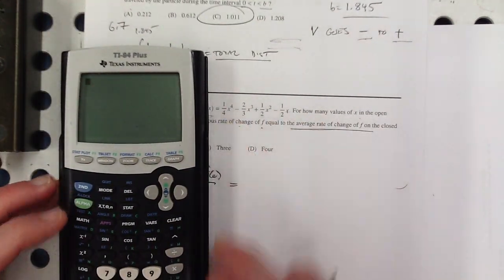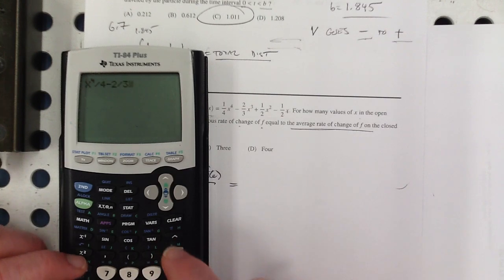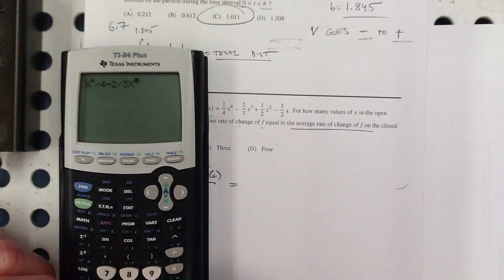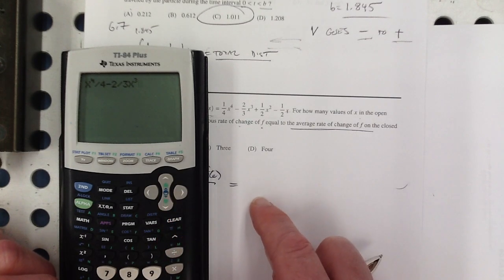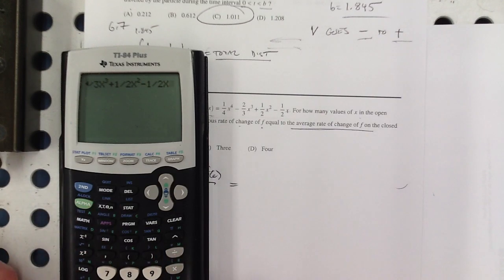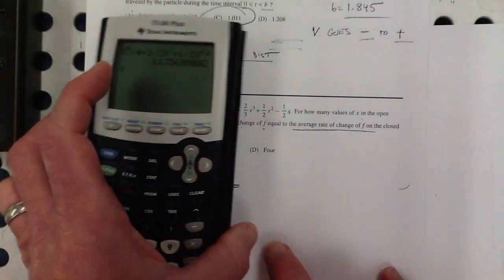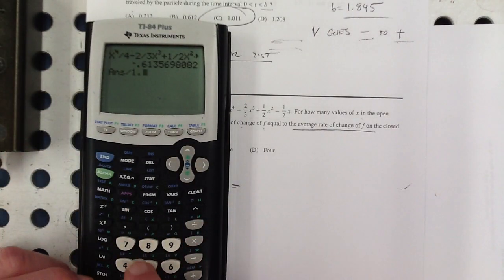So then I can just type this in as x to the 4th over 4 minus 2/3 times x cubed plus 1/2 times x squared minus 1/2 x. I can get that number, that's the top of that, and then divide by 1.565.